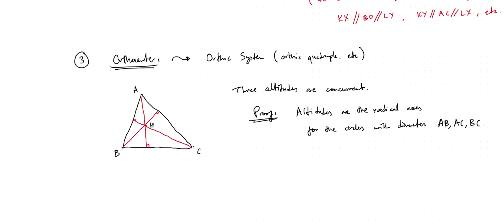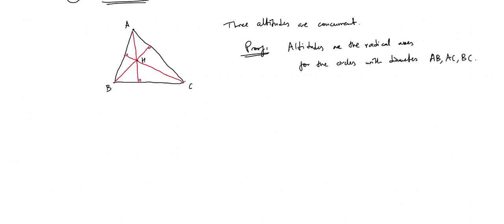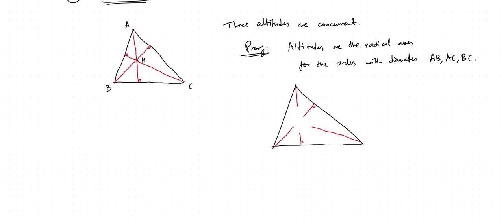This is just a proof. And how can we see this? Let's just draw the picture of this. Well, if you draw the altitudes, since we want to show that they are concurrent, I don't want to draw that they are concurrent. I just want to draw the altitudes like this without seeing what happens in between.